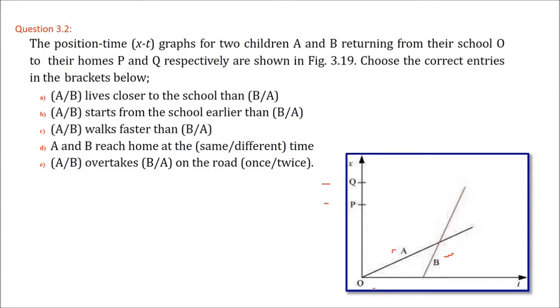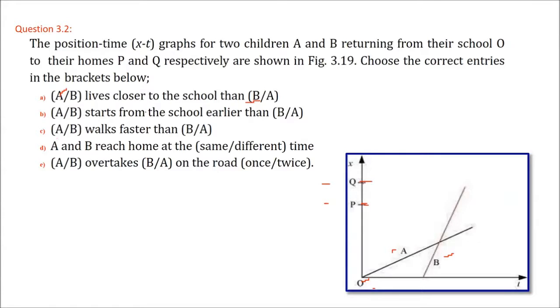The first is, A/B lives closer to the school than B/A. A has to go to P, so A is closer to O than B, because OP is less than OQ. A has to go up to this distance, so we can say that A lives closer than B.